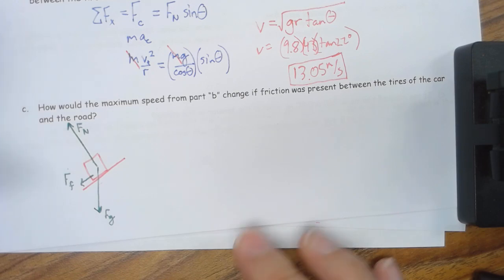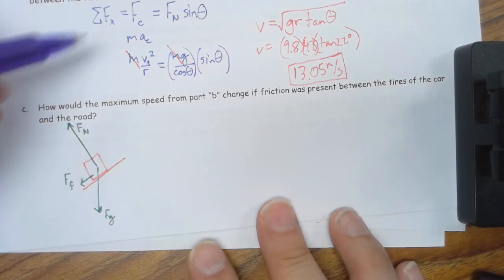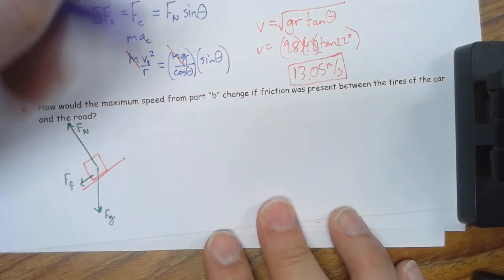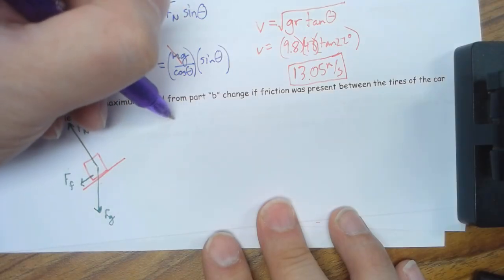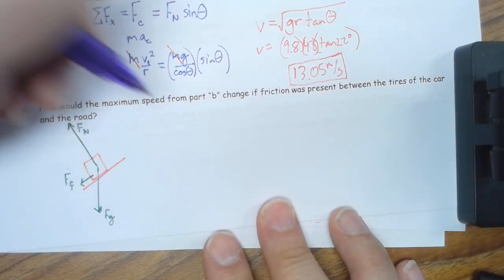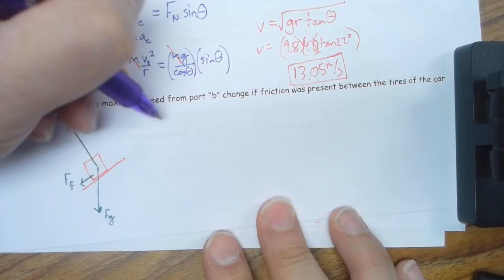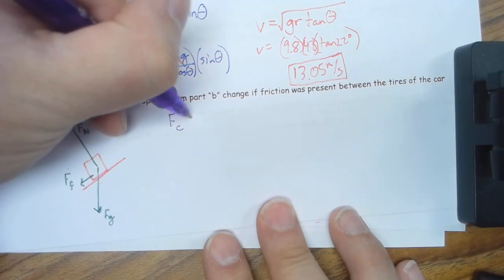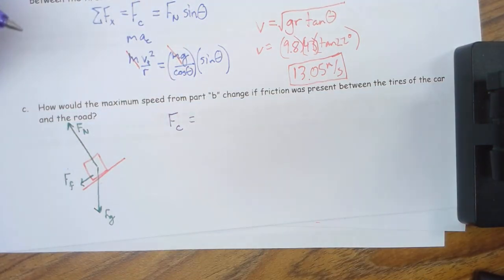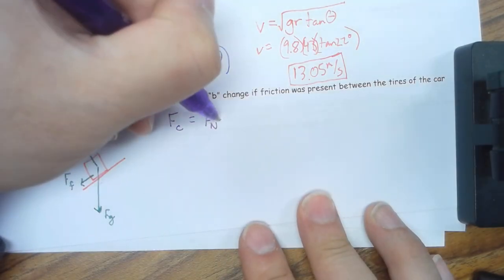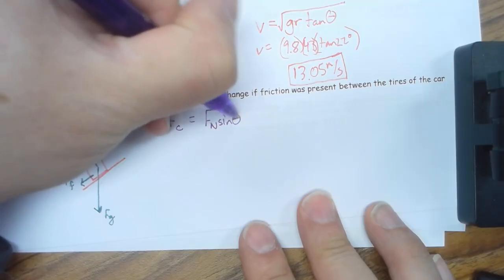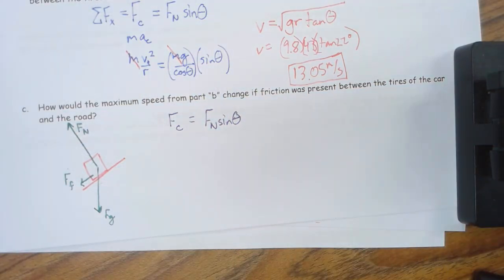When we add all of our forces together, our sideways force, or my Fc, is now made up of what 2 parts? Force friction and force normal sine theta, just like before. Mr. Kwan, I was wondering why would friction be going down?